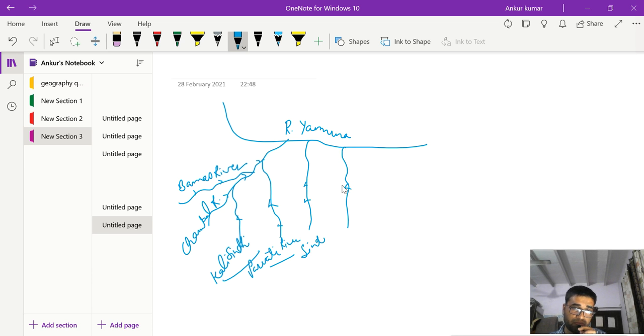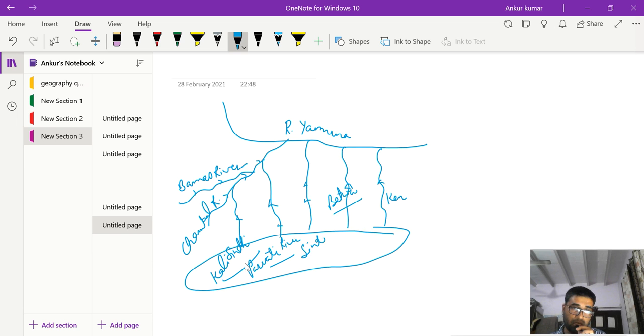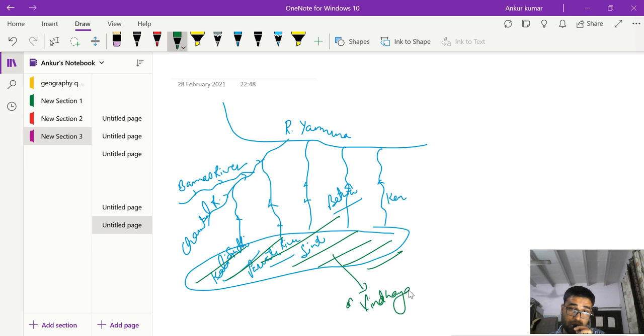And this is Betwa. And this is Ken River. What you can remember, this region, I mean, using a different color, this region is the Malwa, sorry, the Vindhyan ranges. So these rivers mostly originate from the Vindhyan ranges, right?